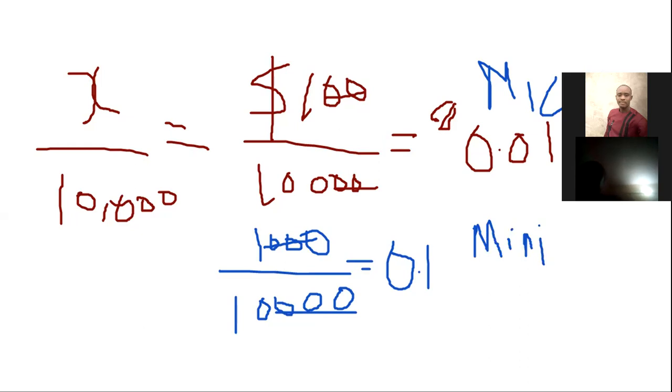Now, if you look at it closely, class, the last one I'll do on lot size is 10,000. Let's say I have 10,000 divided by 10,000.